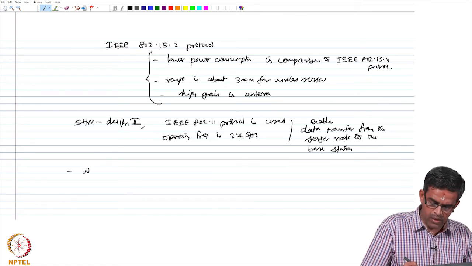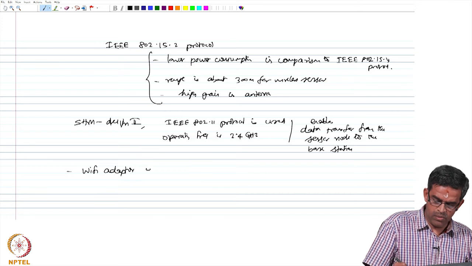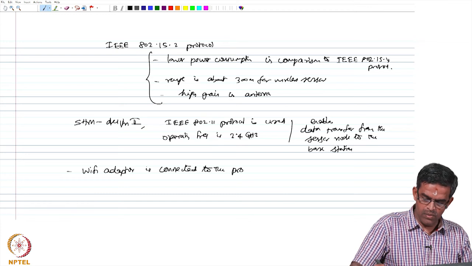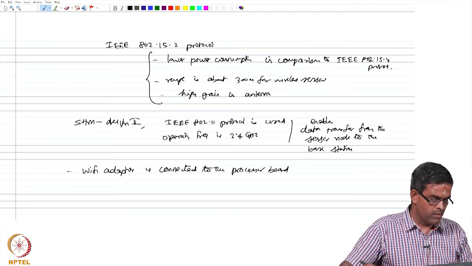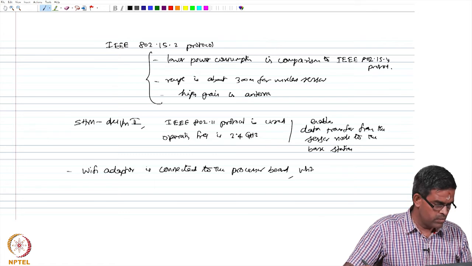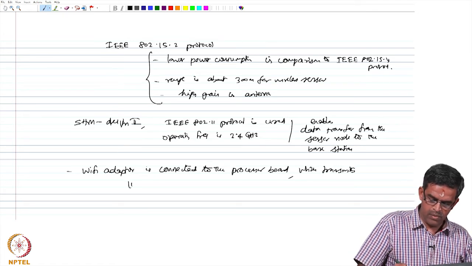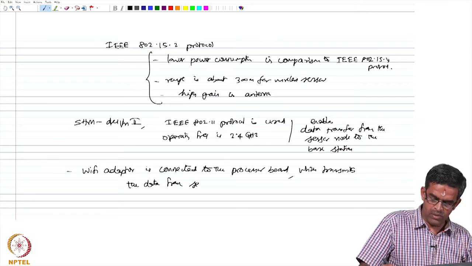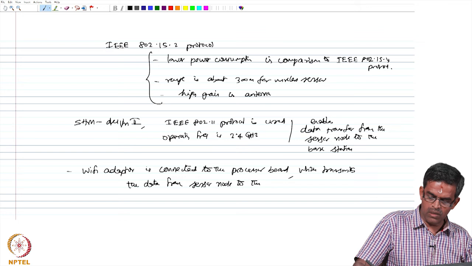Now, in the design, a Wi-Fi adapter is connected to the board, which transmits the data from the sensor node to the central server.